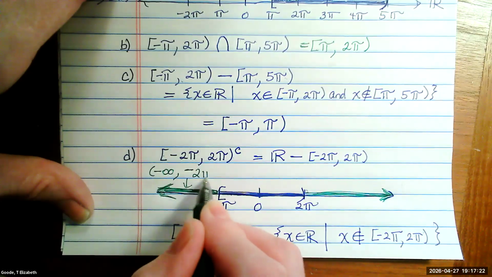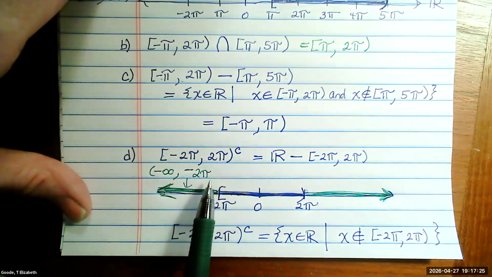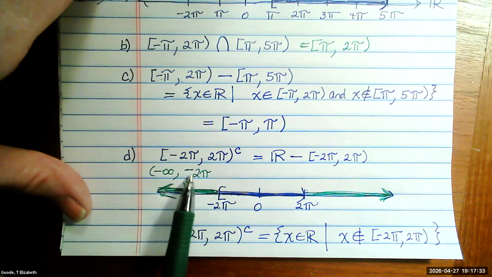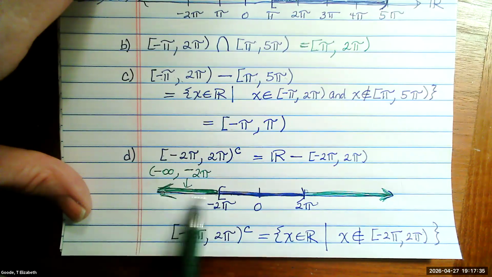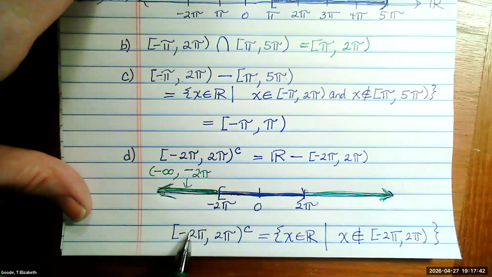Now the question is, do we want a square bracket here or a soft bracket? If we put a square bracket, we're saying that negative 2 pi is going to be in this green set. Isn't negative 2 pi in this set? Yes, it is, so we have to take it away. Oh, yeah, so it's not anymore. So soft brackets.